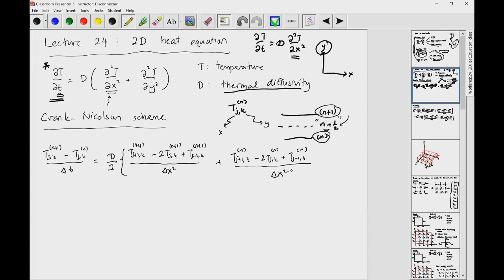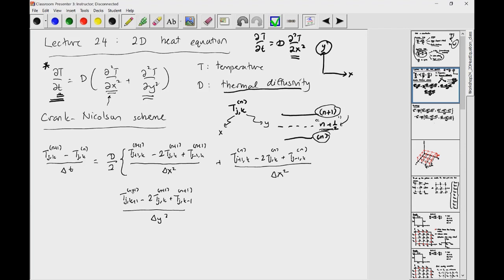If you stop right here, then you're not doing it correctly because you're ignoring the y derivative. So you need to do the same thing. You need to take the central difference scheme for the y derivative, but you need to take it at the midpoint, in which case right now you have T_j,k+1 minus 2T_jk plus T_j,k-1. These are at time level n plus 1.